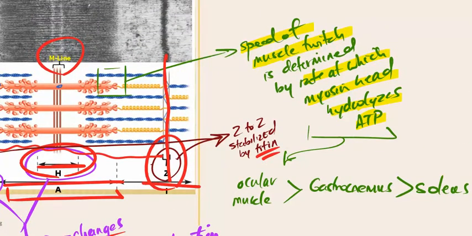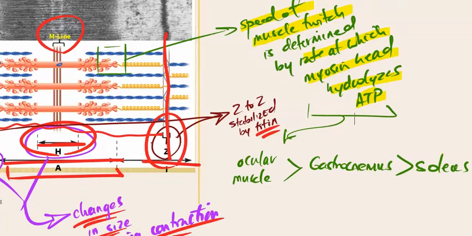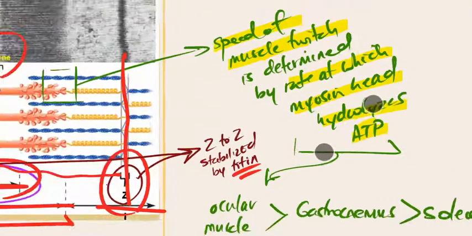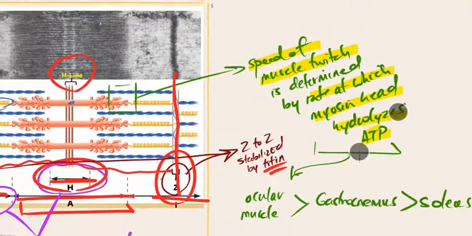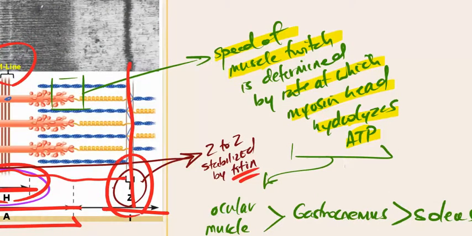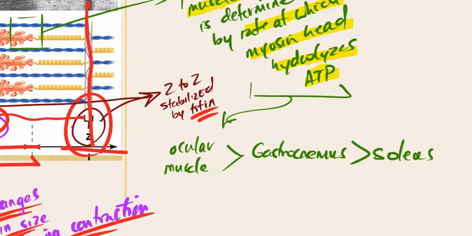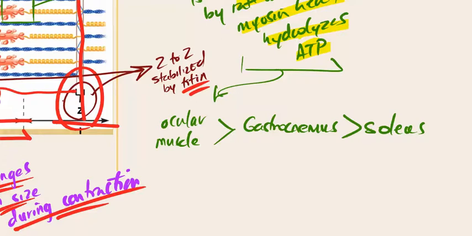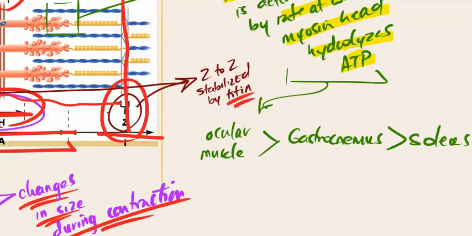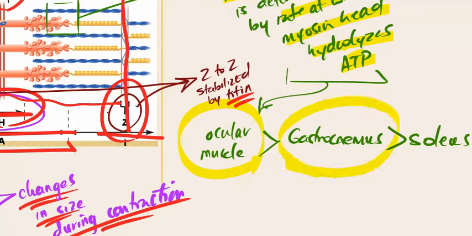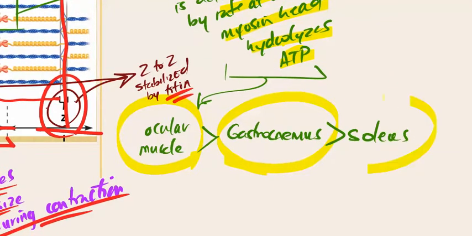If the myosin head is hydrolyzing the ATP relatively fast, then you're going to be more of a fast twitch fiber. And if the myosin head is hydrolyzing the ATP slower, then you're going to be more of a slower twitch fiber. So your ocular muscle is more of a faster twitch than your gastrocnemius, than your soleus.